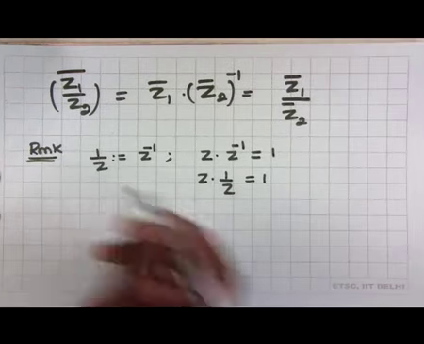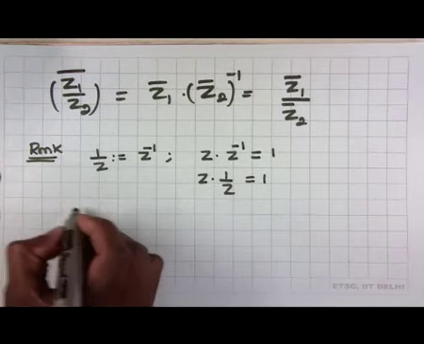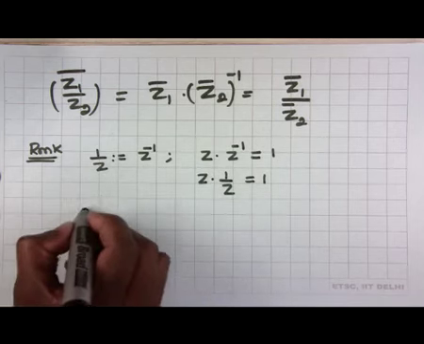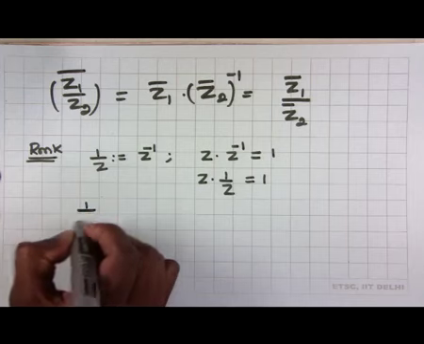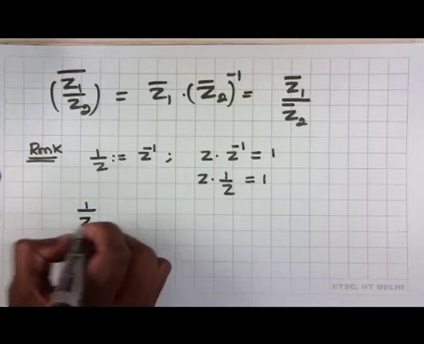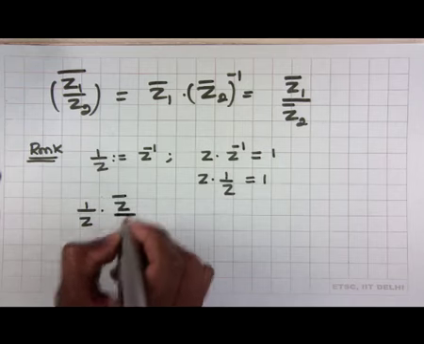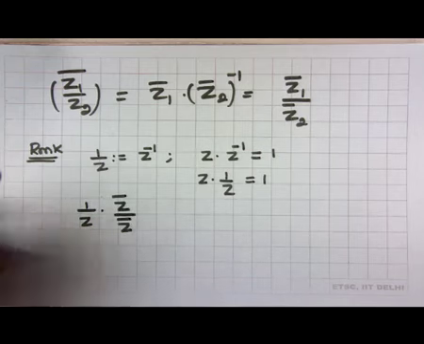And one more remark here. Once we commented about Z inverse, let us see that for 1 by Z we can multiply and divide by Z bar.